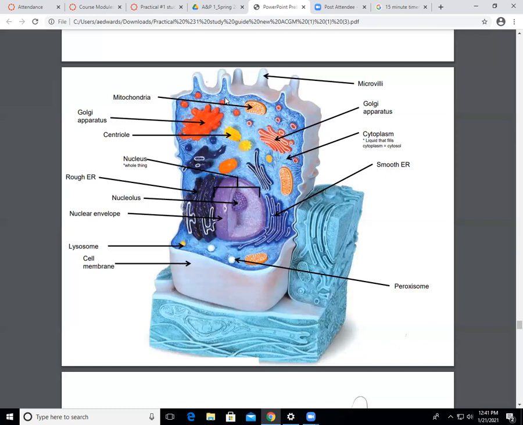Anybody know what a membrane is? Okay? If you don't know what a membrane is, that's okay. All right? So a membrane is basically a barrier. Okay? It's a barrier between the inside and the outside of the cell. That's all it is. Okay? Keeps all the stuff inside in, keeps the other stuff out.